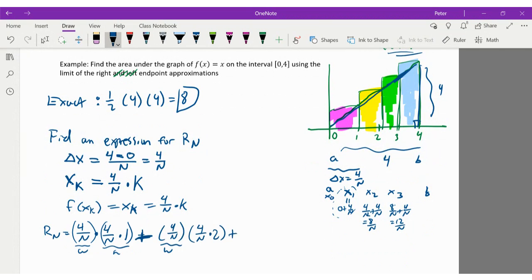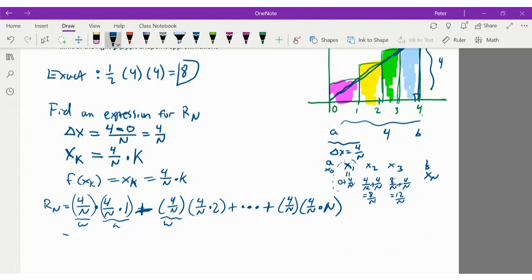And we can keep going. But what you see is that it's just going to be 4 over n times 4 over n times the highest possible value. Recall that this is x1, x2, x3, all the way up to xn. So 4 over n times n.